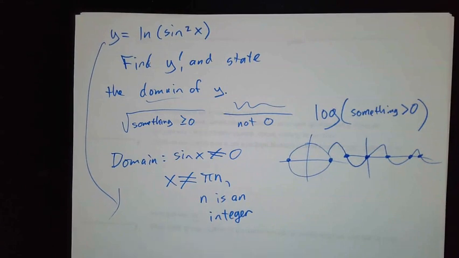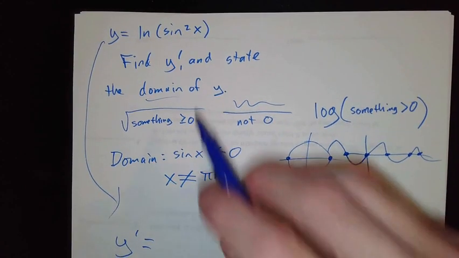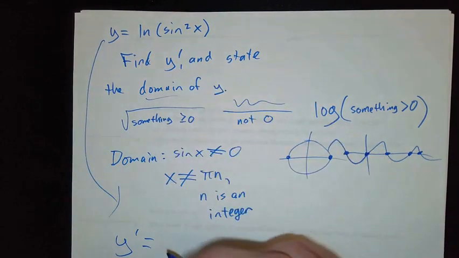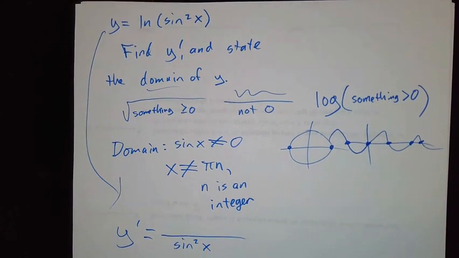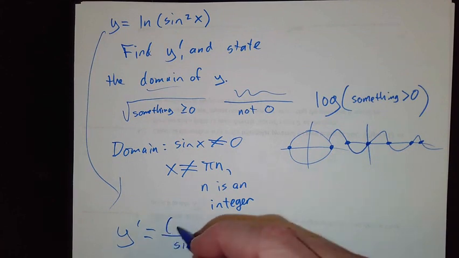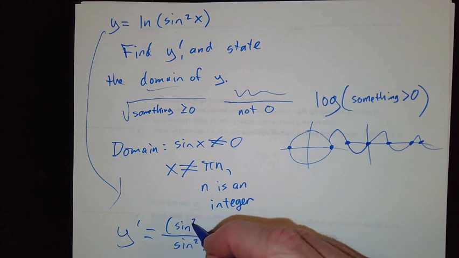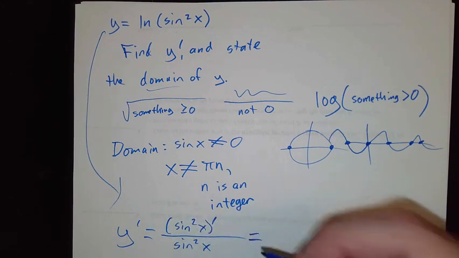Let's go ahead and take the derivative y prime. Well, here we go again. I've got the natural log of something. So the derivative of the natural log of something is 1 over the something times the derivative of the something. And maybe I'll do this. I'll put the prime there. So here's my general form.